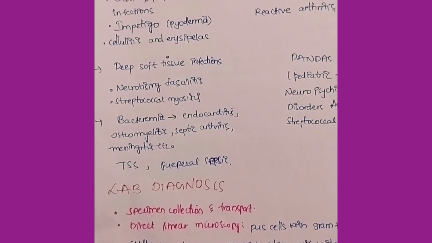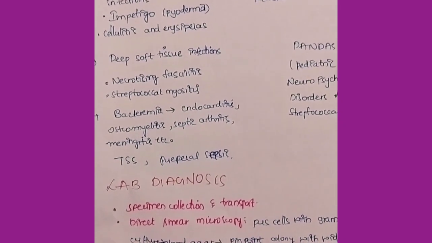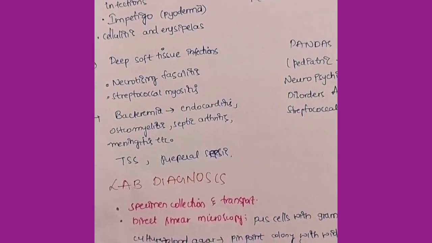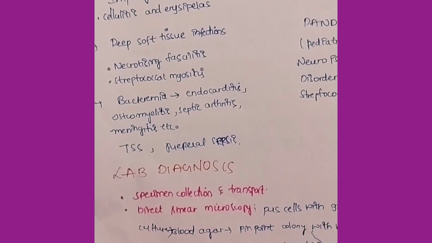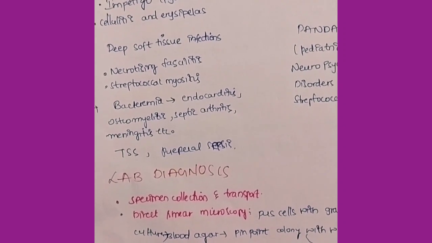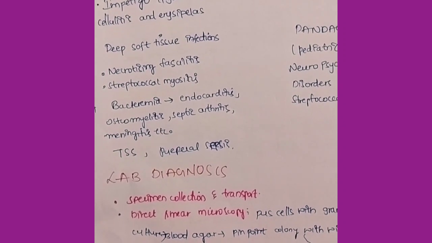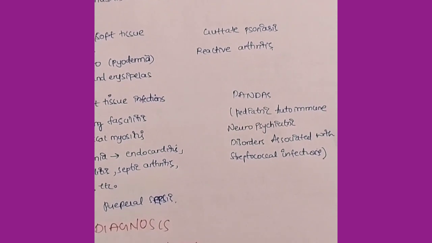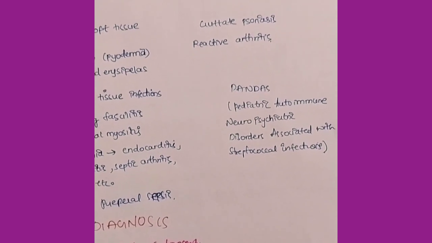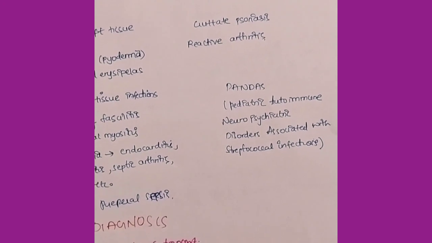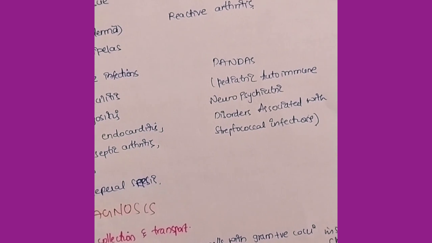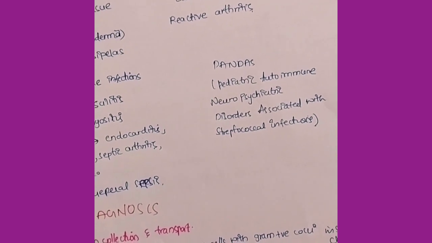Deep soft tissue infections include necrotizing fasciitis and streptococcal myositis. Also bacteremia, endocarditis, osteomyelitis, septic arthritis, meningitis, and toxic shock syndrome. Non-suppurative manifestations include acute rheumatic fever, acute glomerulonephritis, guttate psoriasis, reactive arthritis, and pediatric autoimmune neuropsychiatric disorders associated with streptococcal infections.